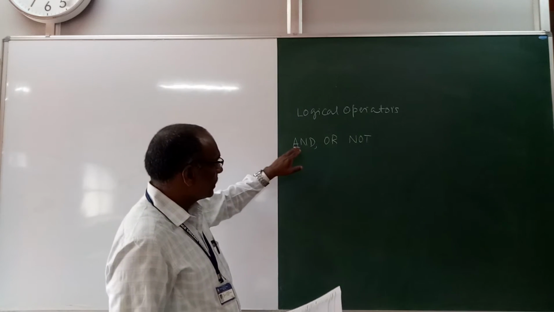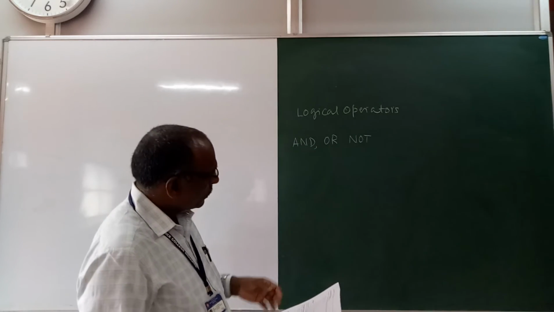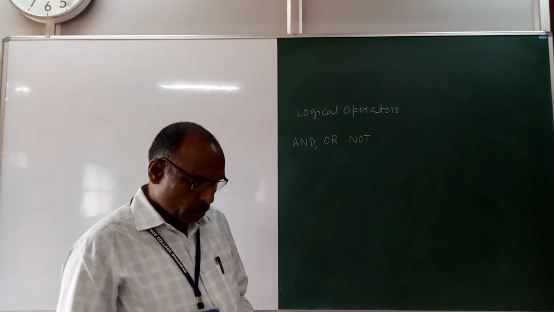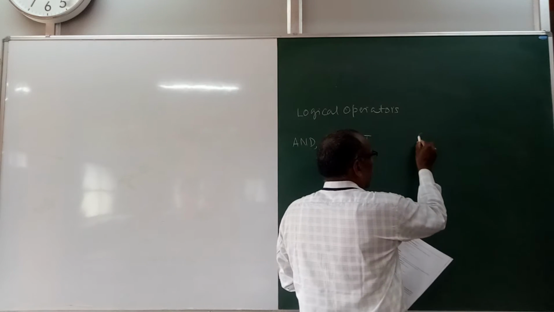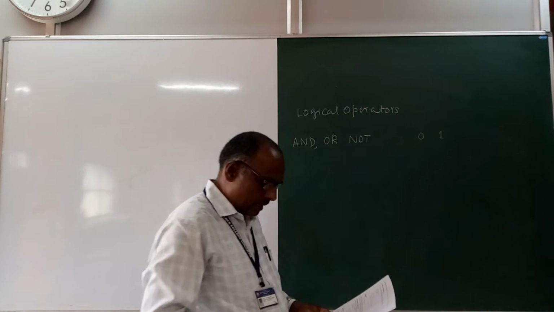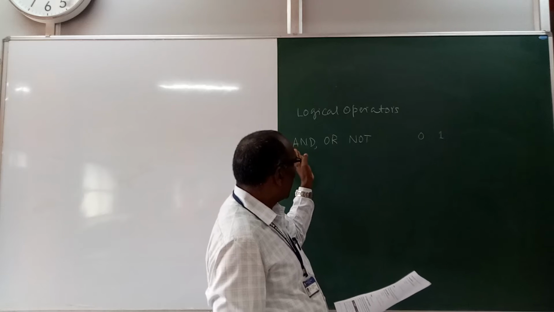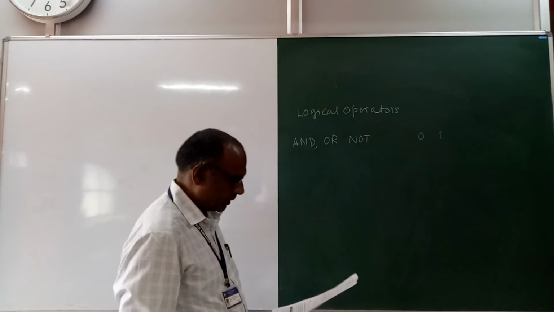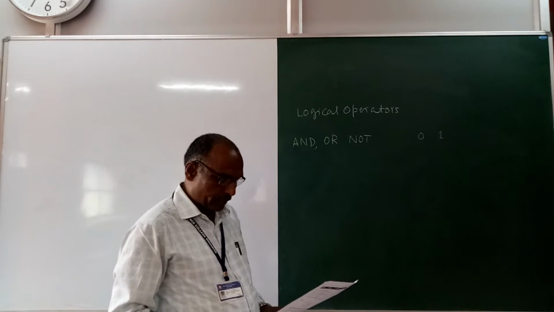So logical operators AND, OR and NOT. These operators use two binary values, that is 0 and 1. The first one, the AND, uses these bits 0 and 1. The second one uses these bits 0 and 1.